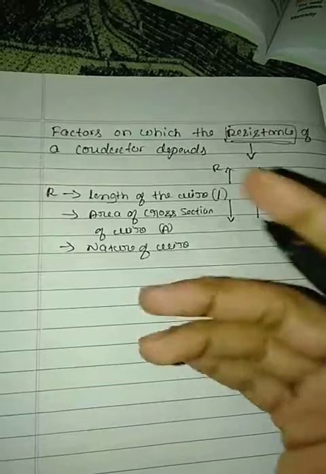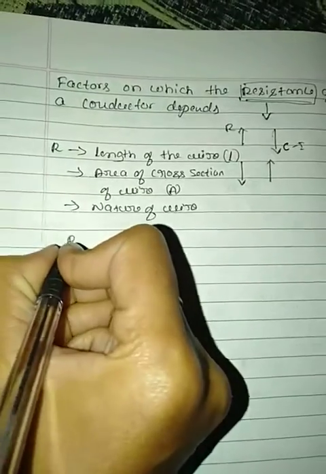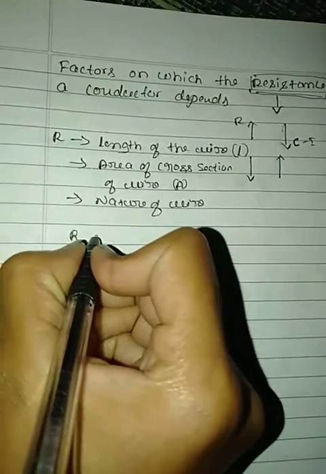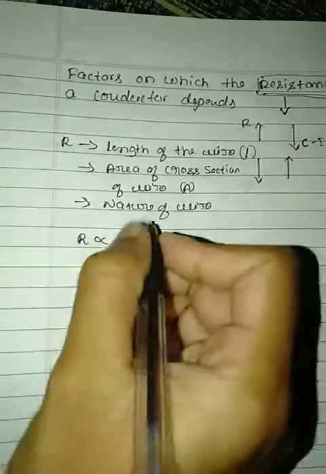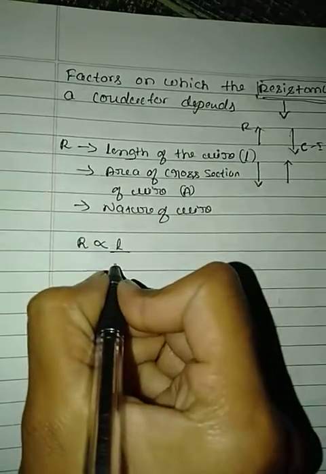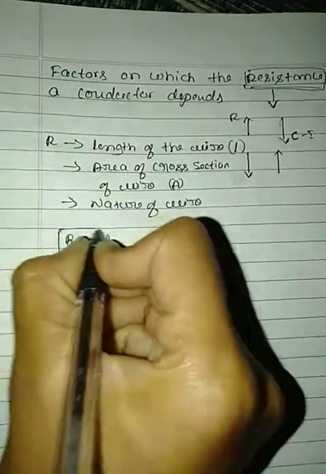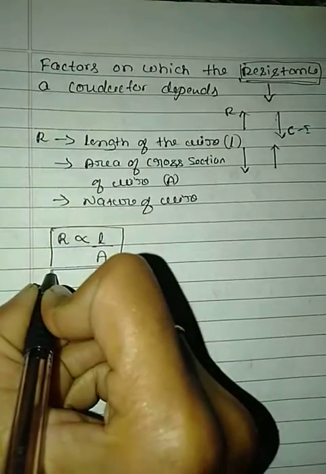So how does this resistance depend on the length and area of cross section? See here, the resistance of a material is directly proportional to the length of the wire and inversely proportional to the area of cross section. You should remember that because it's very important.